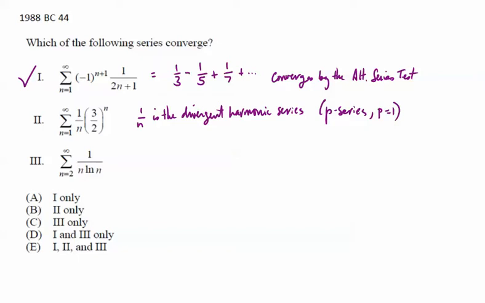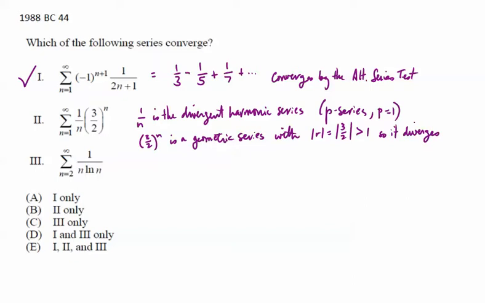Now 3 over 2 to the n is a geometric series with the absolute value of r being 3 over 2, greater than 1, so it diverges.